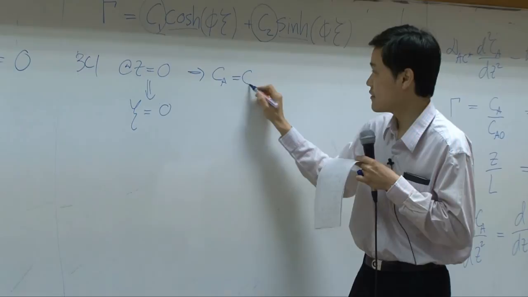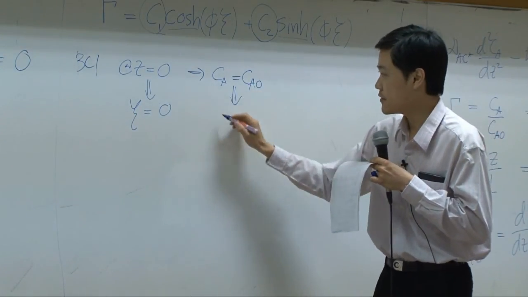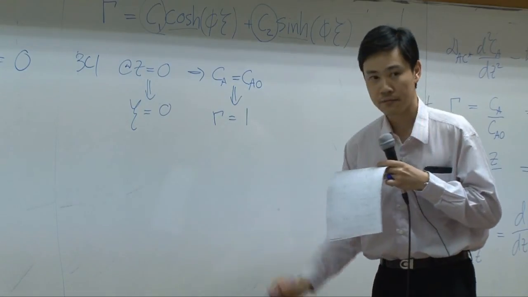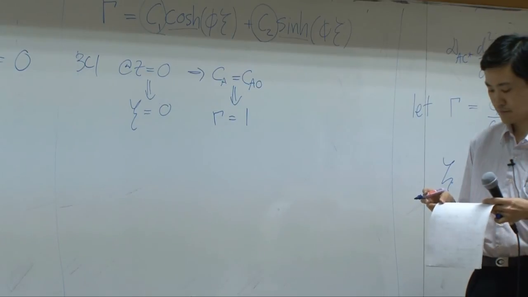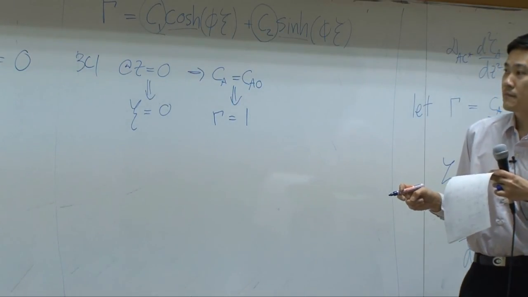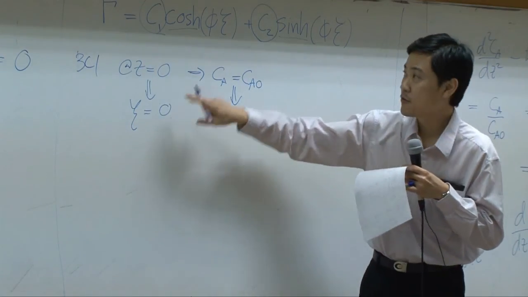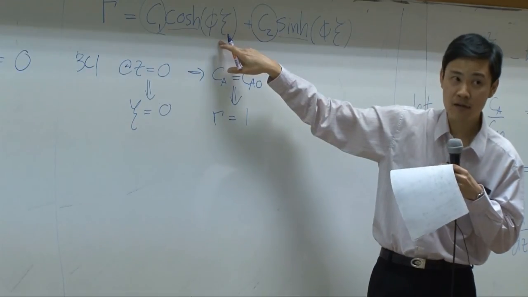Concentration of A is Ca0. From here, that means gamma is 1. If psi is 0, hyperbolic cosine of 0 is 1.